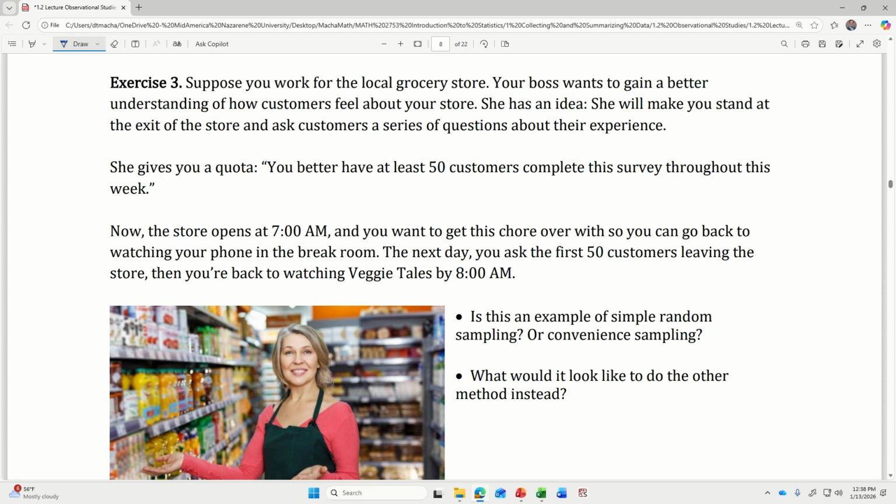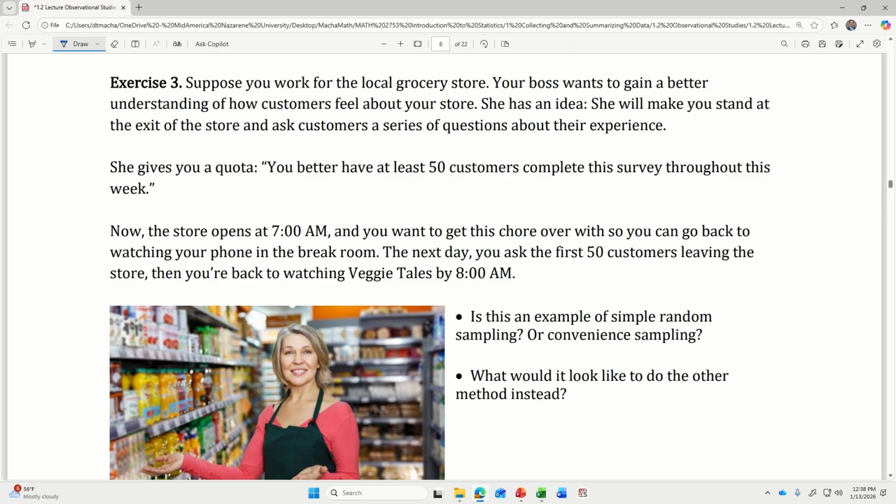The store opens at 7 a.m. and you want to get this chore over with so you can go back to watching your phone. The next day, you ask the first 50 customers leaving the store and you're back to watching VeggieTales by 8 a.m. Is this an example of simple random sampling or convenience sampling?